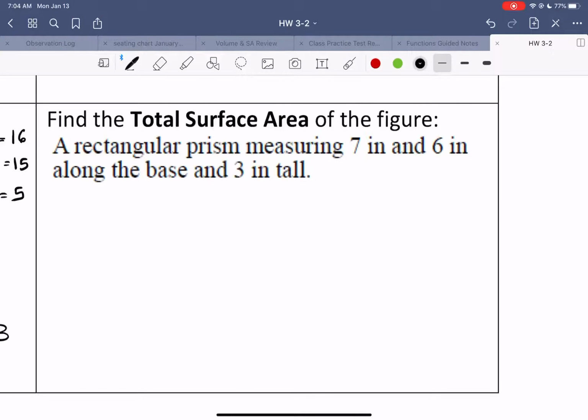And we have now another one asking for total surface area. It says of a figure, the rectangular prism measuring 7 inches and 6 inches along the base and 3 inches tall. So I'm going to do my best to draw this because I think it will help me.